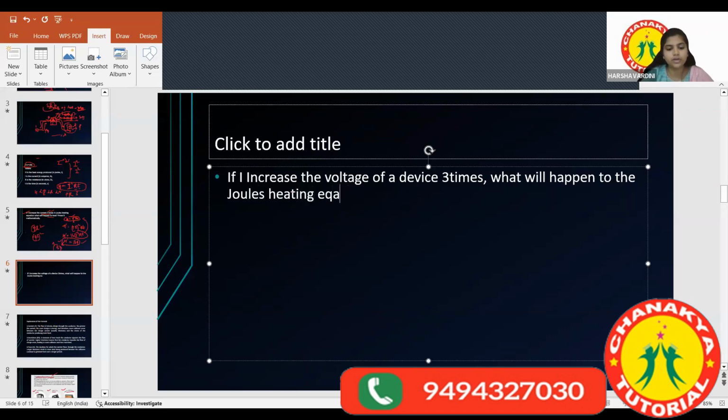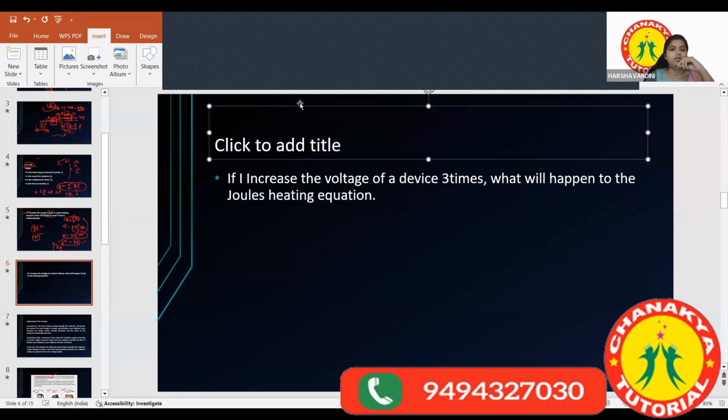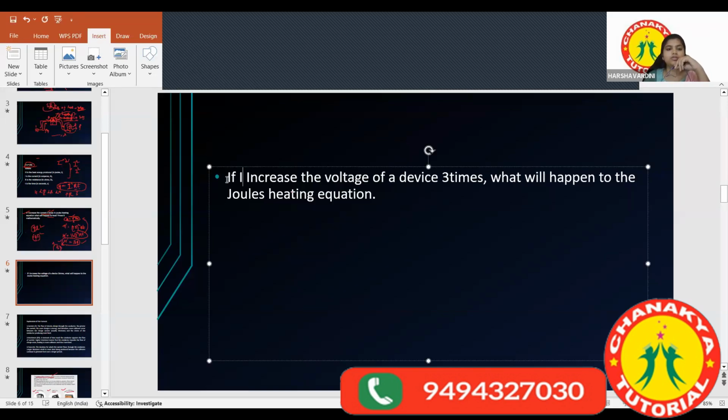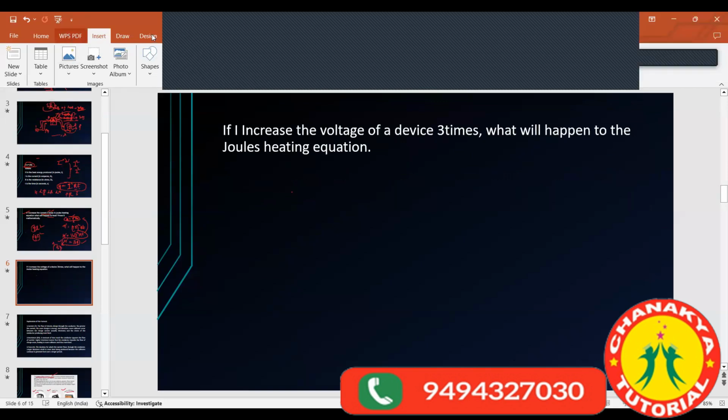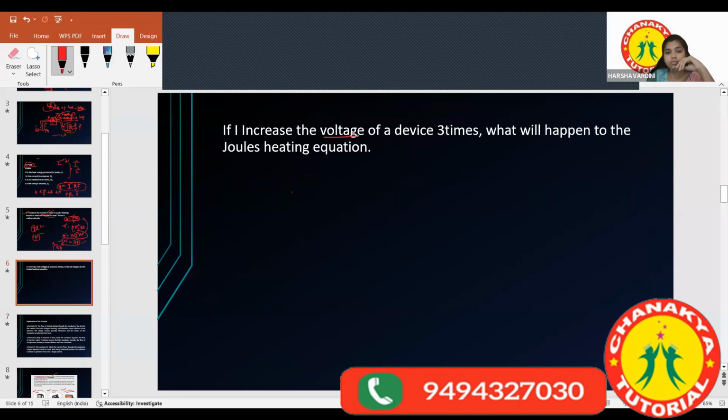Yes, everybody do it. Did you understand the question? It's just the same as the previous question. If I increase the voltage of the device 3 times, what will happen to the heat in Joule's law of heating equation? Start solving and tell me the answer.